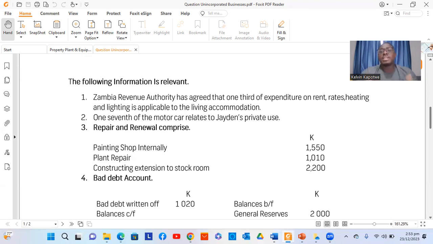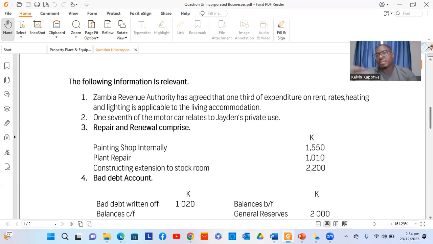But when you are changing a big component of a particular asset, for example, if you are changing the engine of the vehicle, the engine is not a repair. Okay, so the engine is a very big component. Actually, the engine is the car itself. So when you buy an engine, that engine is an asset. So it's a capital expenditure.